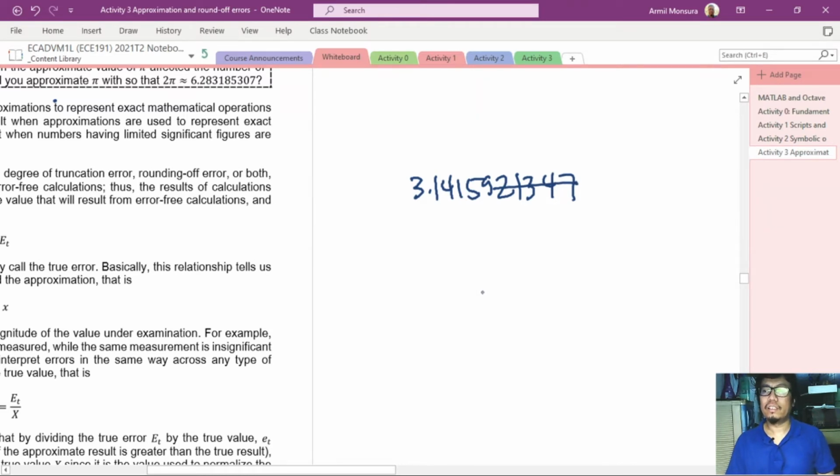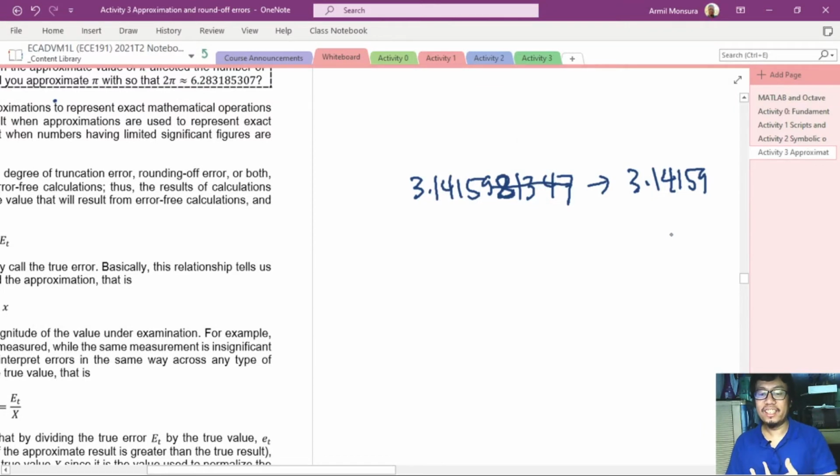Instead of having this 2, you make it 8. If you cut this one off and use the number 3.14, the process is actually called truncation.